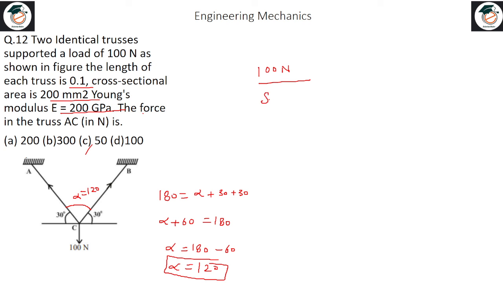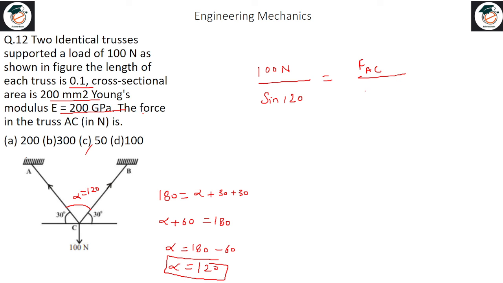The angle between AC and BC is 120, so sine 120 equals force AC divided by the sine of the angle between the 100 Newton force and the force BC.